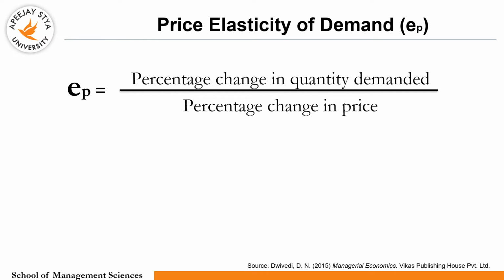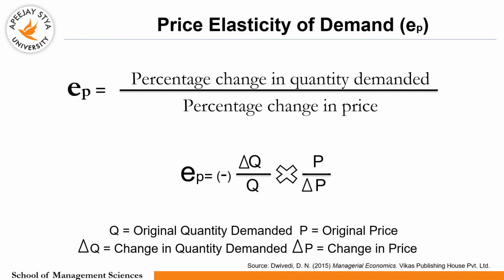A general formula for calculating the coefficient of price elasticity is given as Ep equal to delta Q by Q into P by delta P, where Q stands for original quantity demanded, P stands for original price, delta Q stands for change in quantity demanded, and delta P stands for change in price.